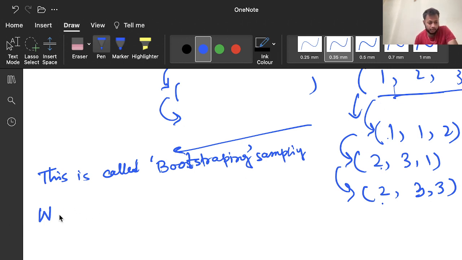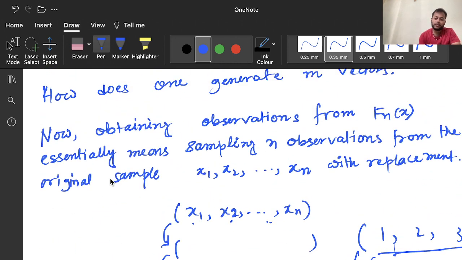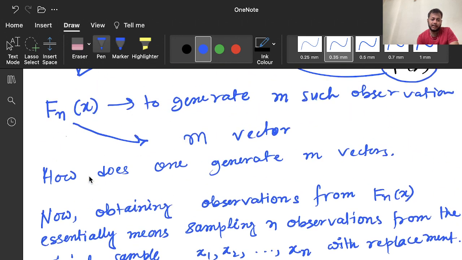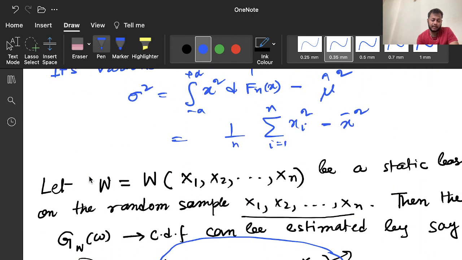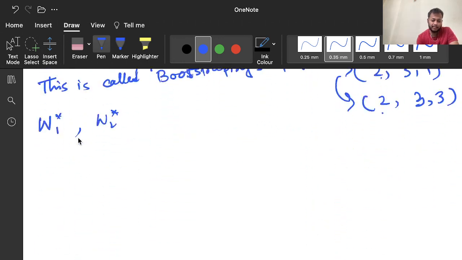Now what are the bootstrap samples? One is w1 star, then you will get w2 star. If you put these values into this function w, you will get another set of m values.